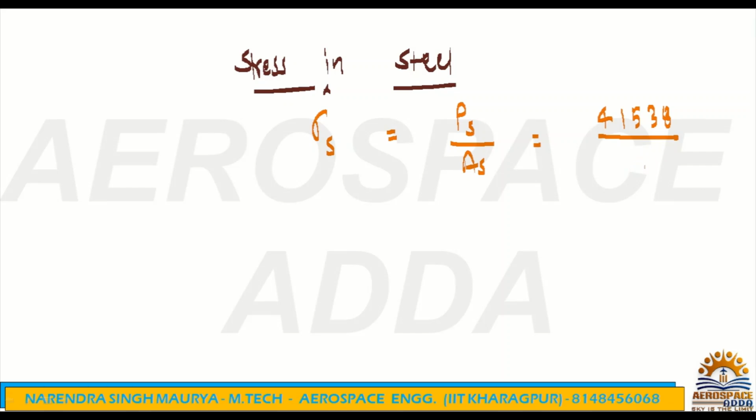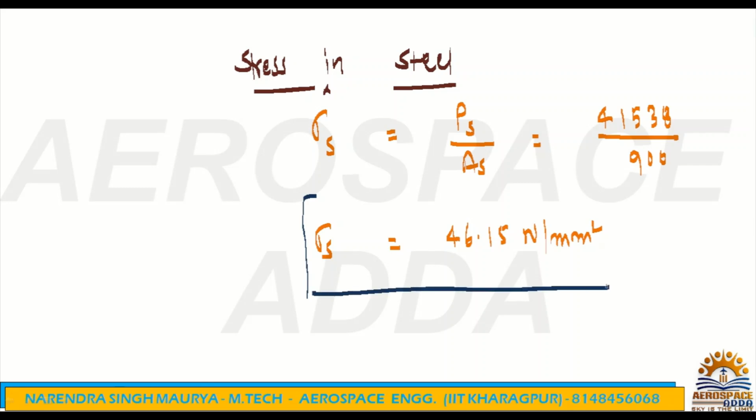No, I think 900, 900 for the steel. If you calculate sigma S, the stress in steel, it's approximately 46.15 Newton per mm square. Okay, this is nothing but stress in the steel strips.